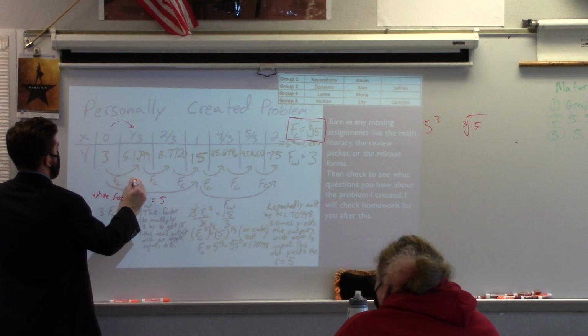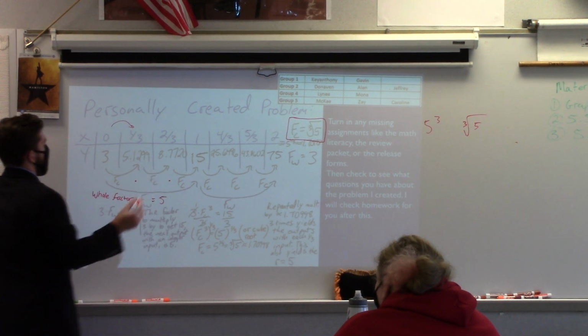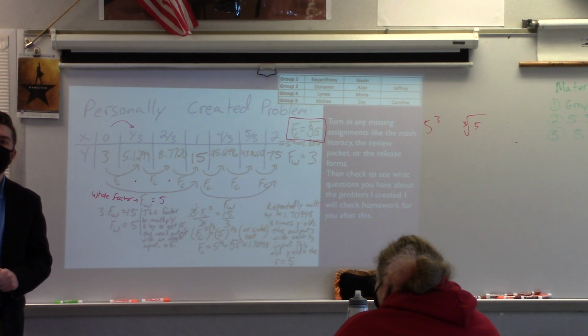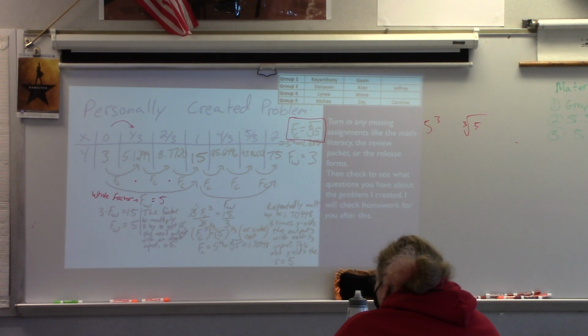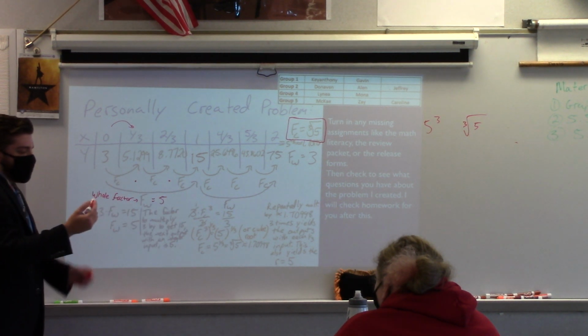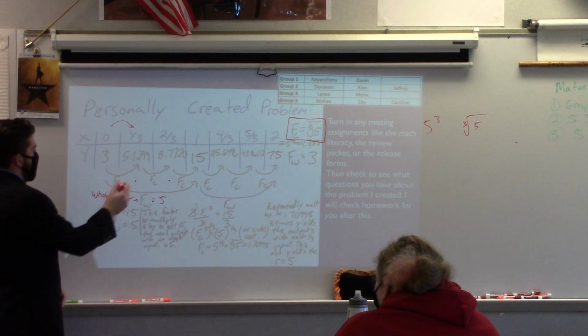So now we split that up into 3 parts. So how did that get us to the cube root of 5? Yeah, you're on the right track. We're close. So from 3 to 15, this whole factor was 5, right? And we know that it was split into these 3 parts.